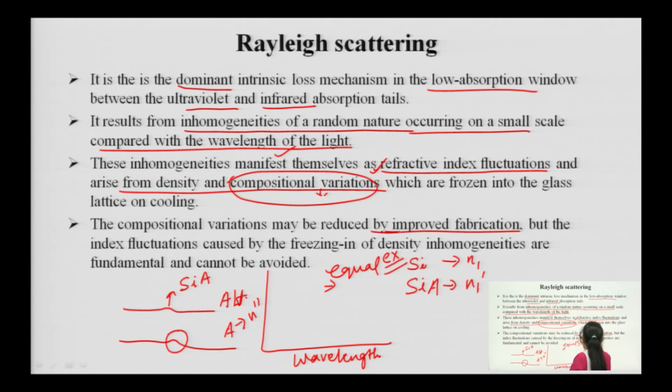If we improve the process of fabrication, so that any other element does not get into the original element during the fabrication process, we can reduce this particular loss. But the refractive index fluctuation, which is caused by the density inhomogeneities, cannot be removed. This is a fundamental loss and it will exist.